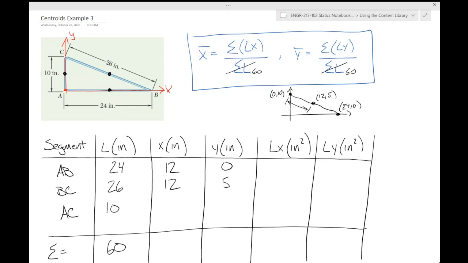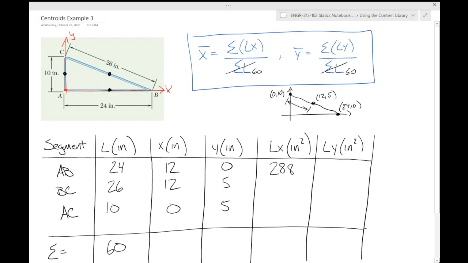Okay, good deal. All right, now AC, what are the coordinates of that one going to be? 5y, and that's 0. Exactly right. So now we can start doing some multiplication. For Lx, I'm going to take L times the x. So 24 times 12 is 288.